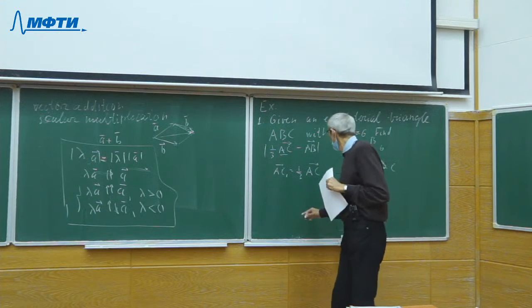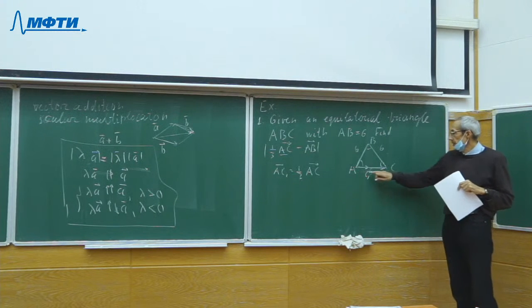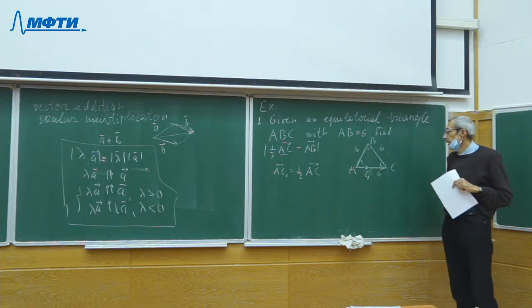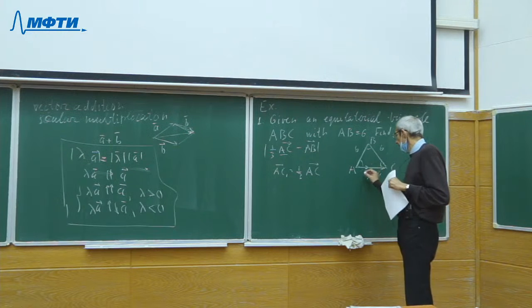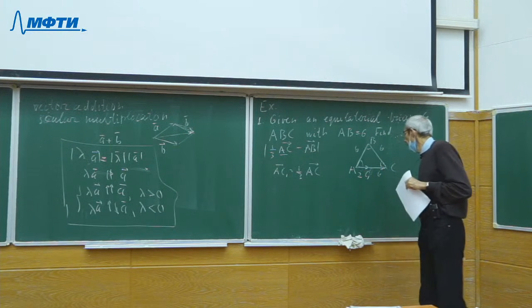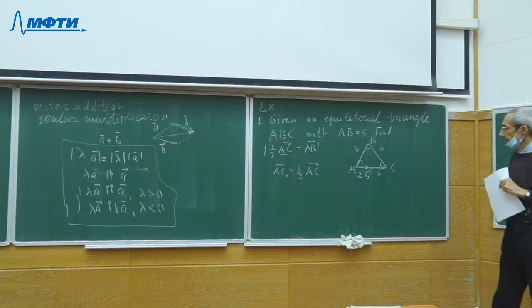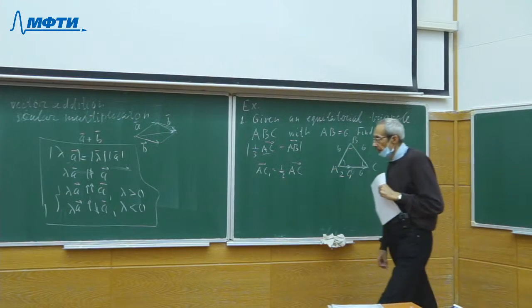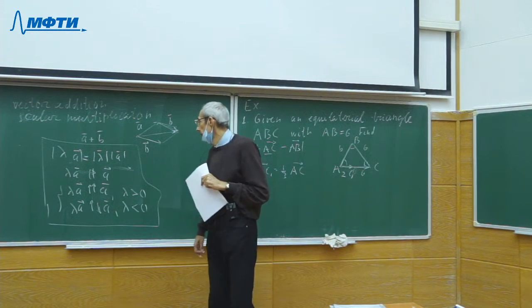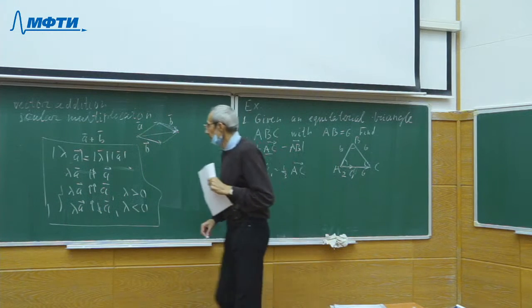By definition, this vector is parallel to vector AC, and this vector has the length exactly 2, and this vector has the same orientation as the vector AC by this definition.